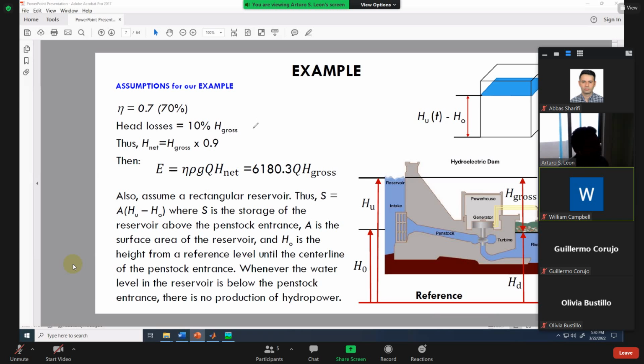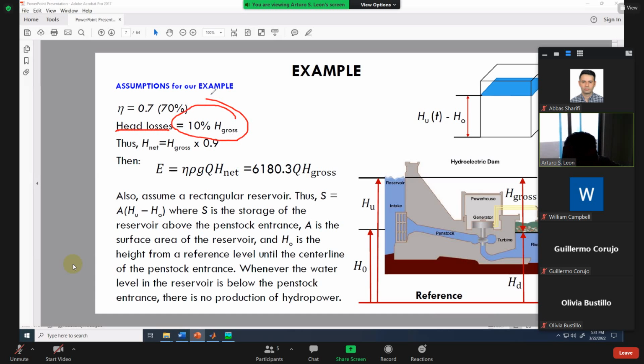Head losses are the losses due to the friction in the pipe, and losses due to gates, bends, valves, and so on. Typically, the head losses are 10%. I'm assuming this because I want to make the problem simpler.